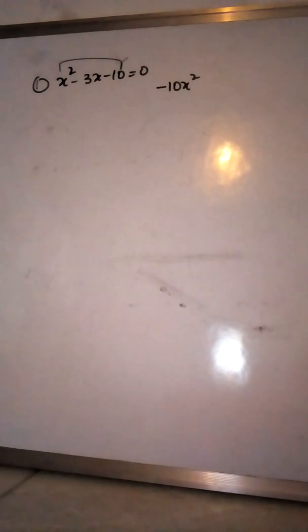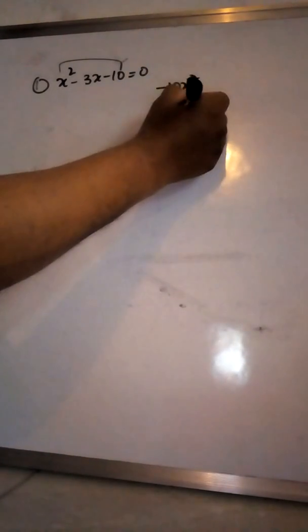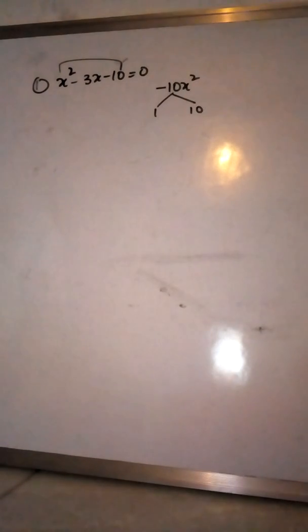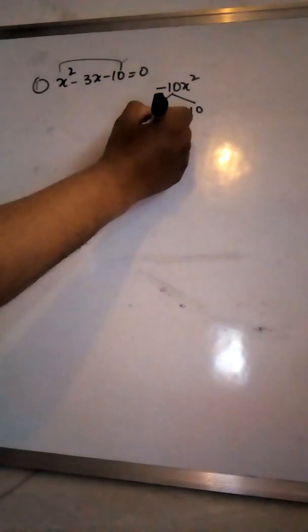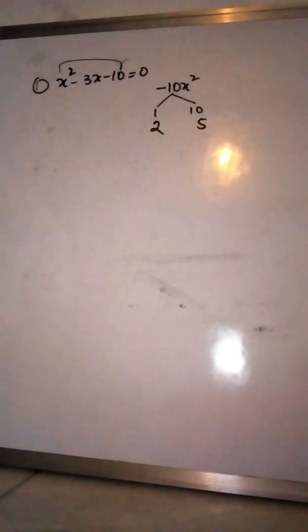Now we'll find the factors of minus 10x square in such a way that when we add or subtract these factors, we should get minus 3x. So we'll go this way: 1 into 10, from minus 1 will not give us 3. So then 2 into 5. Now see here, 5 minus 2 will give me 3, the middle term.